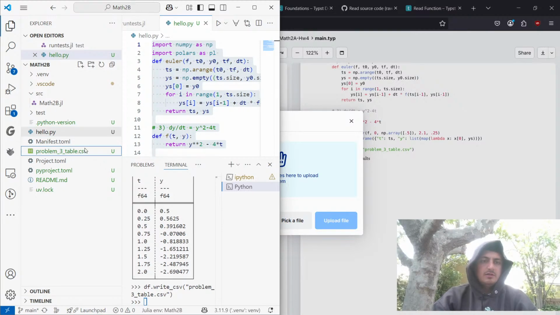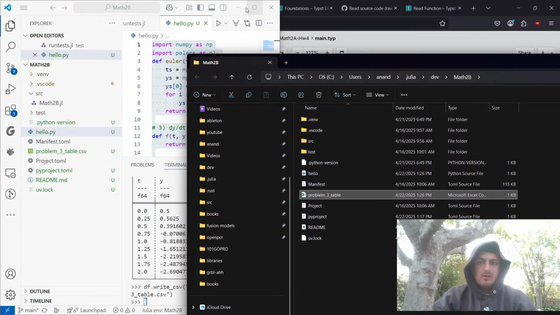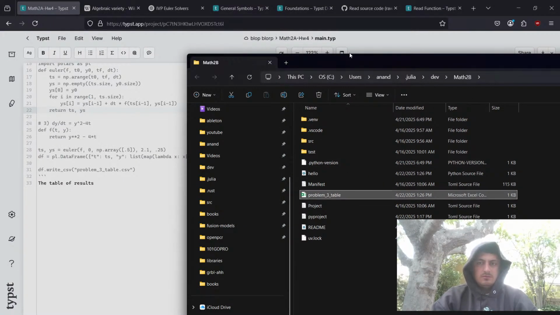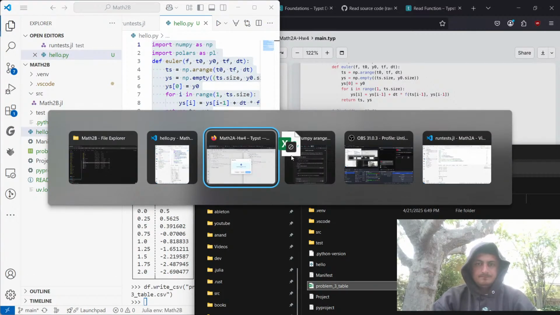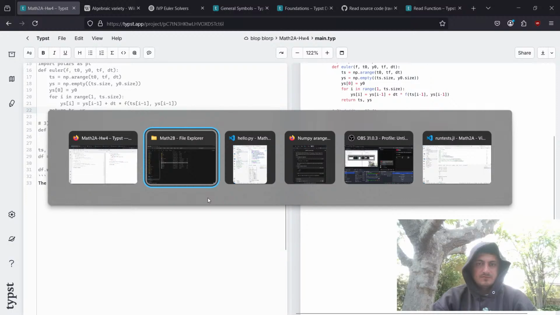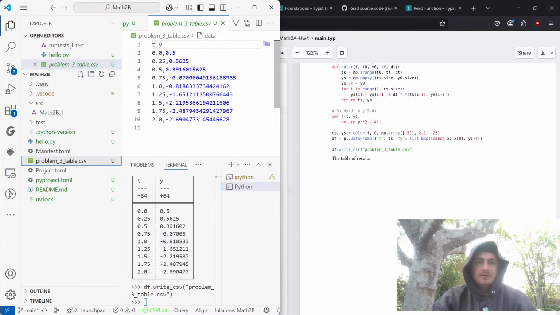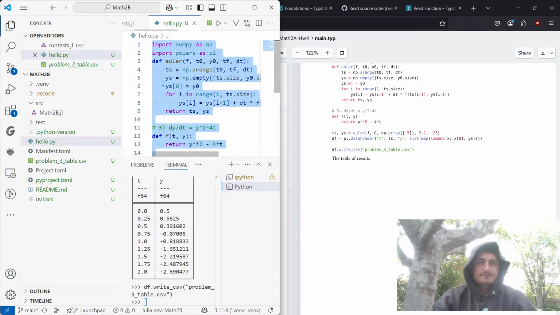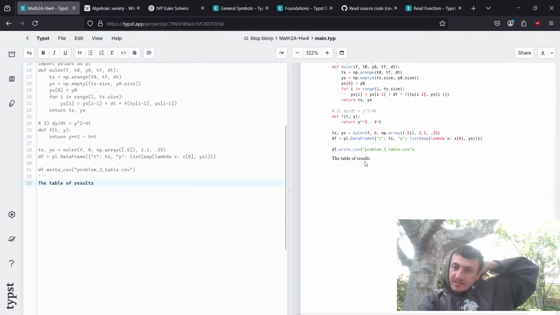What in the hell, bro? Reveal files. There we go. Actually, is that CSV right? Yeah. I mean, I don't actually know if that's right or not. Oh, but this code is not ready yet because I need to plot it too.